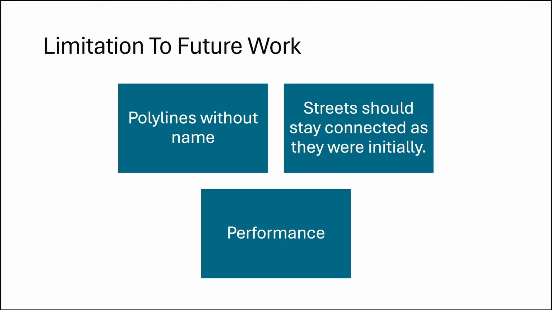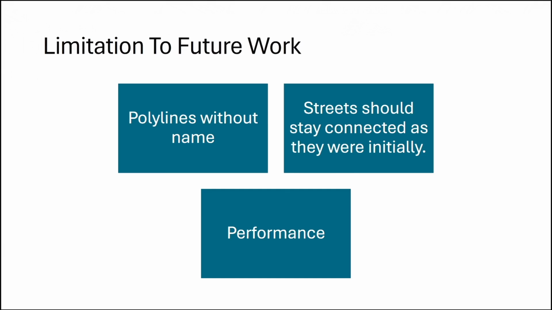And finally, the performance right now on my laptop is about 20 to 30 minutes to run the algorithm end to end on an entire city, like Tel Aviv or San Francisco. But I think we can improve this as well.